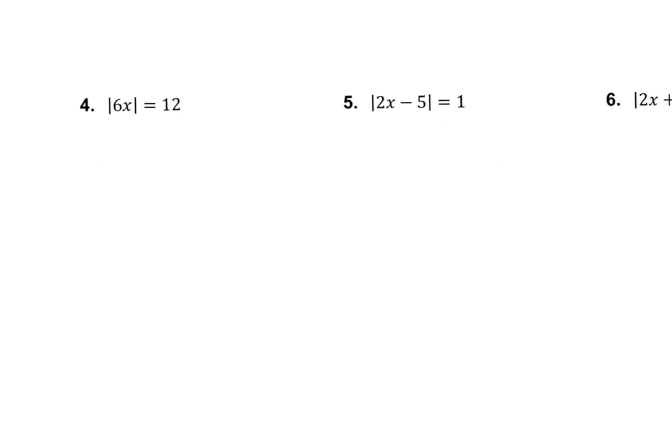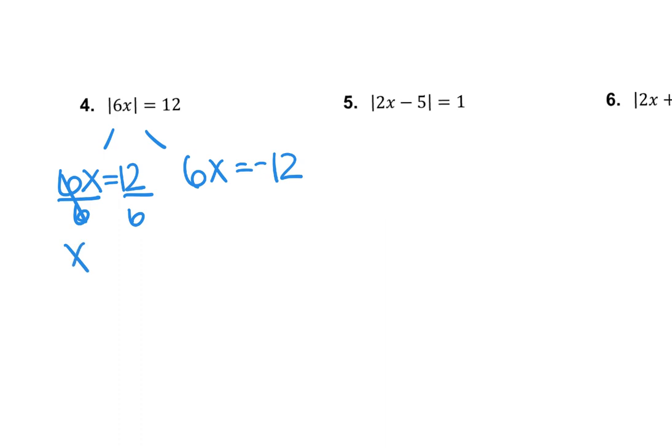All right, let's do a few more. We have the absolute value of 6x. Again, we're going to take off the absolute value symbols, slide them down, and make two separate equations. And again, we're going to isolate the variable by dividing. x is equal to 2, and then divide by 6, and x is equal to negative 2.